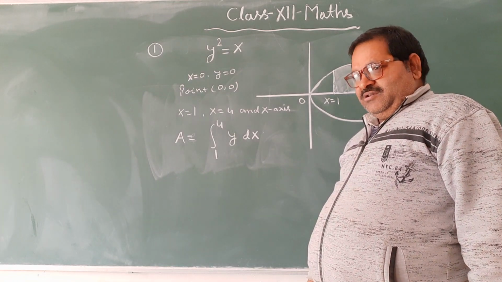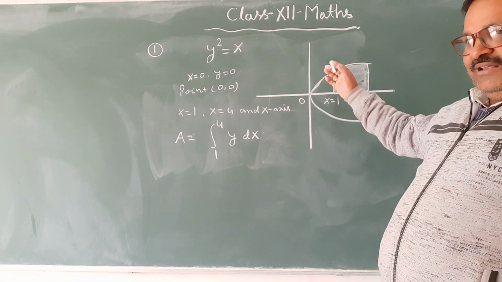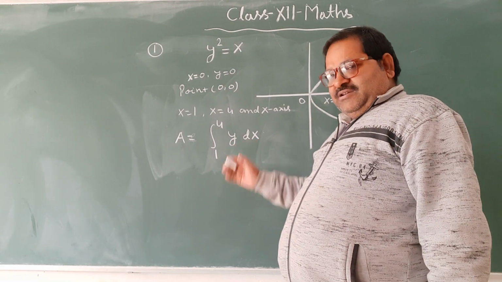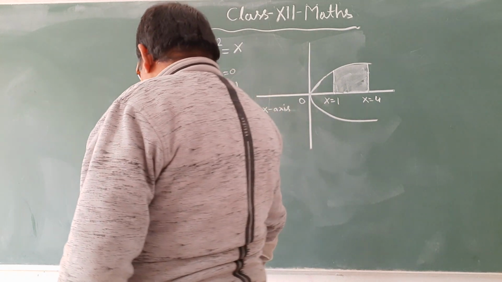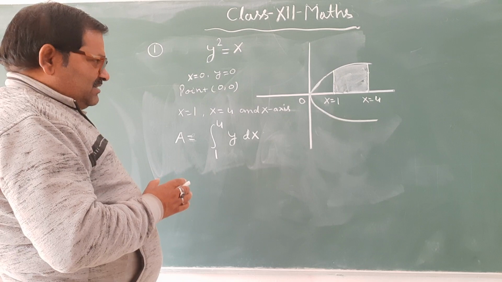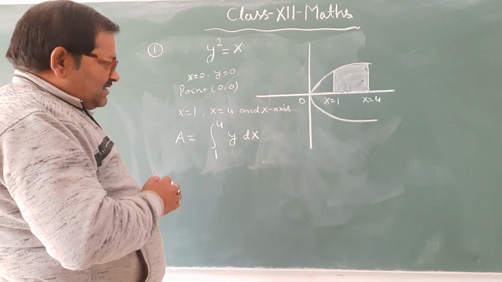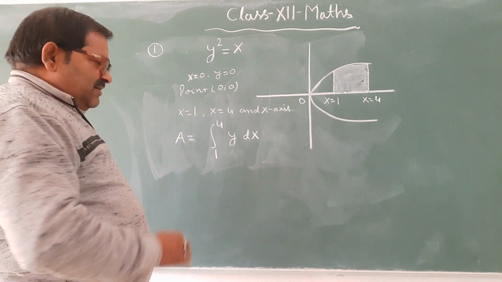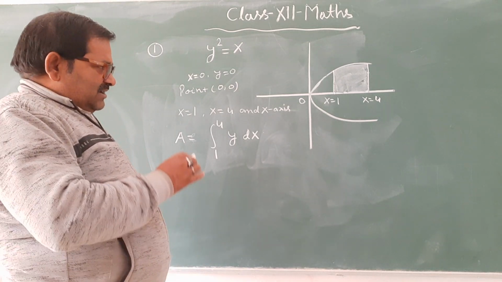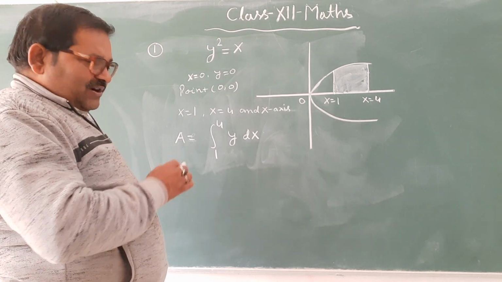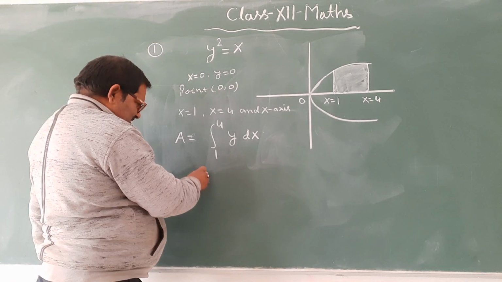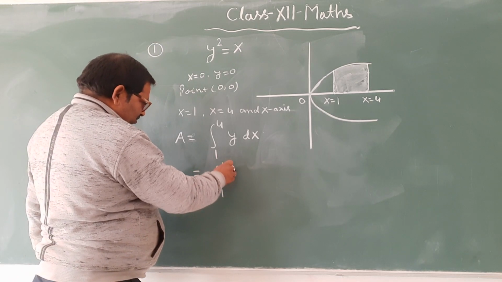Otherwise, if the limit is taken on the y axis, then the function is x dy. So here the curve is along the x axis and the limit is from 1 to 4 on the x axis, then the function is y dx.